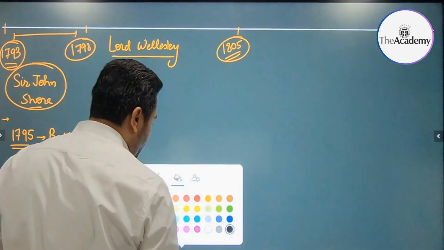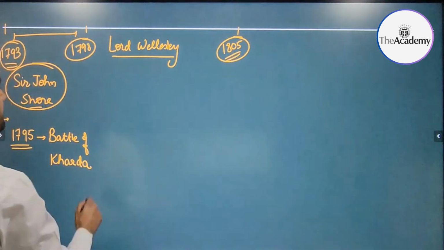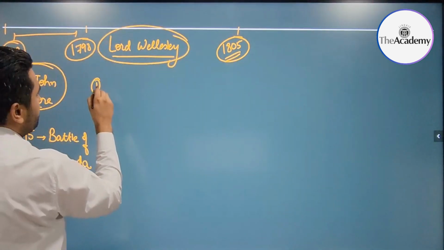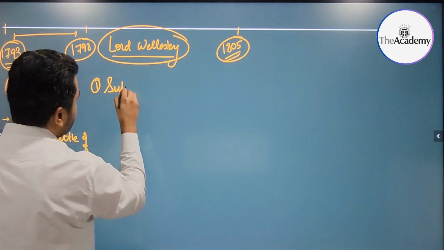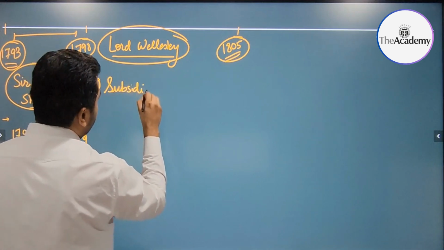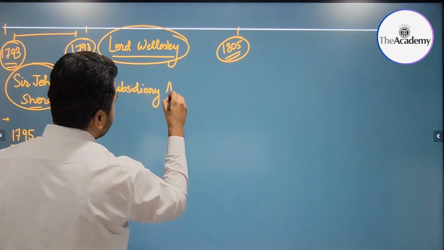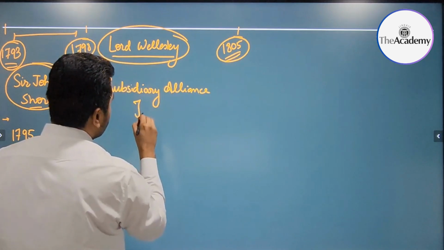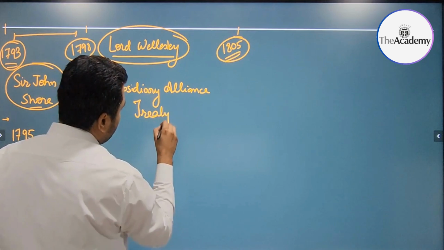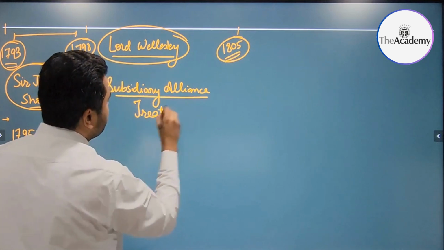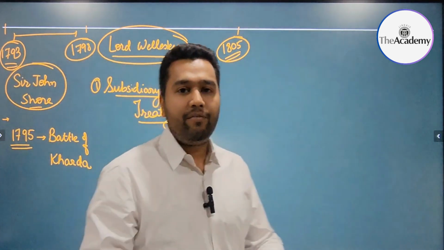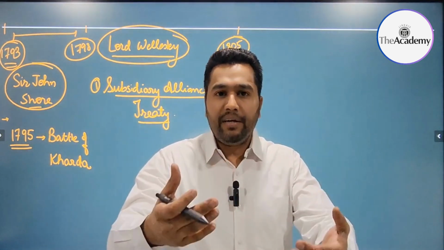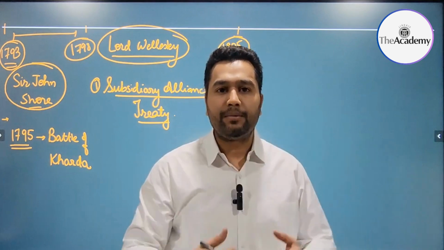So when we discuss Lord Wellesley, he is known for introducing Subsidiary Alliance Treaty. So via subsidiary alliance treaty, every princely state handed over military and defense to the British.